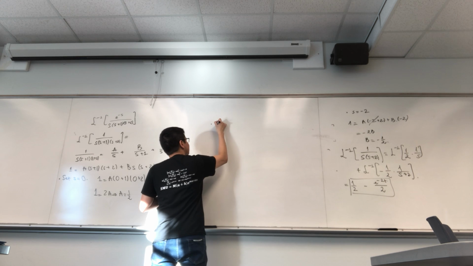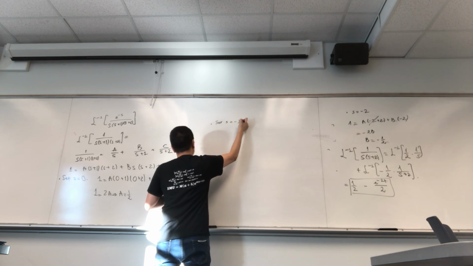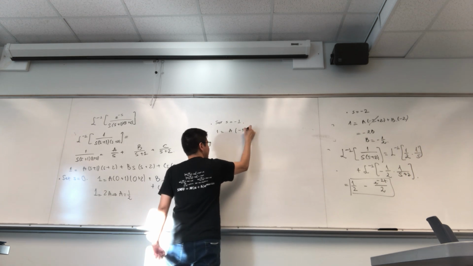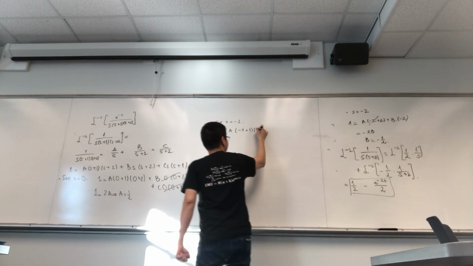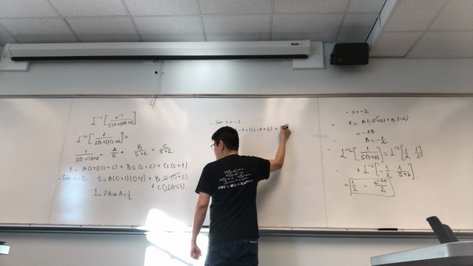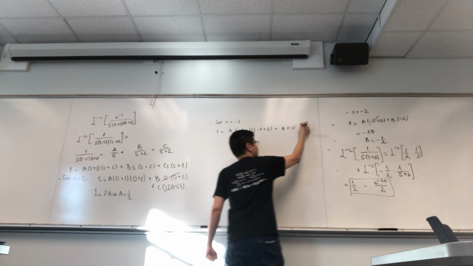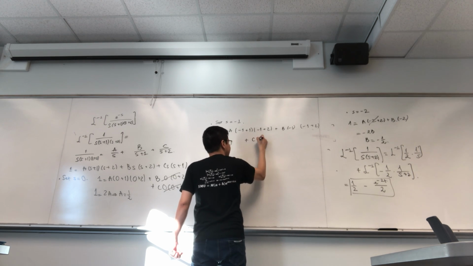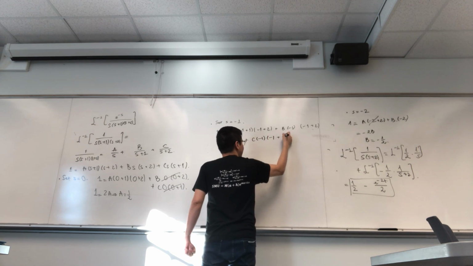Now I'm going to set s to be -1. When s is -1, I have 1 equals a (-1 plus 1)(-1 plus 2) plus b (-1)(-1 plus 2) plus c (-1)(-1 plus 1).